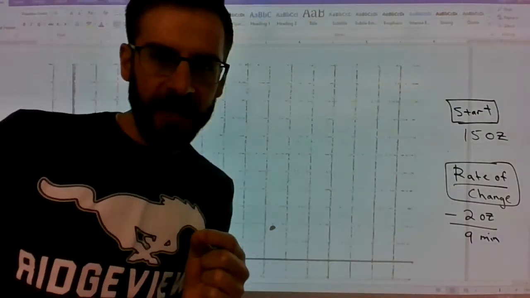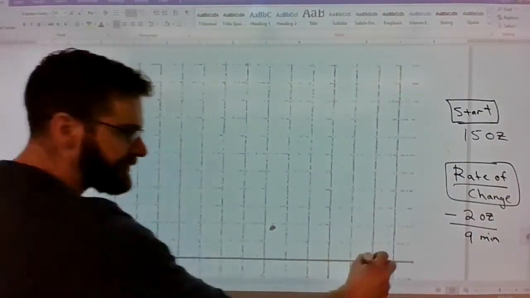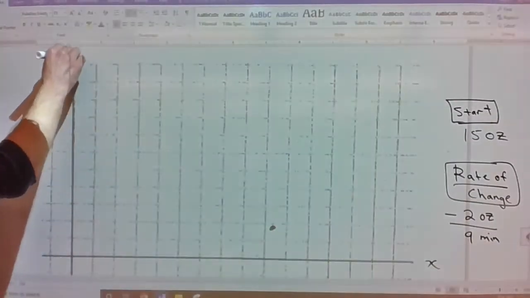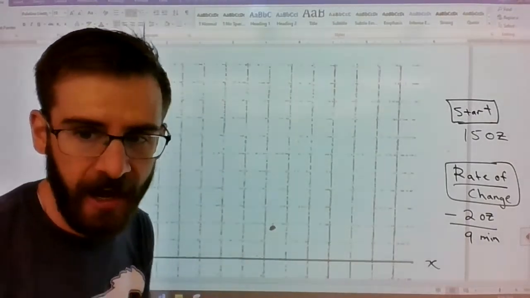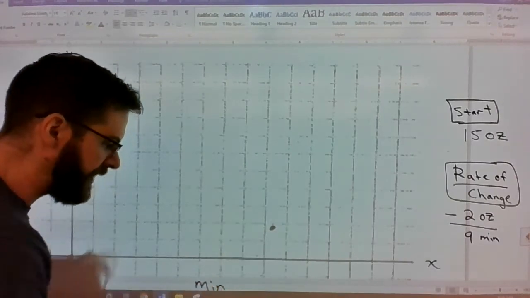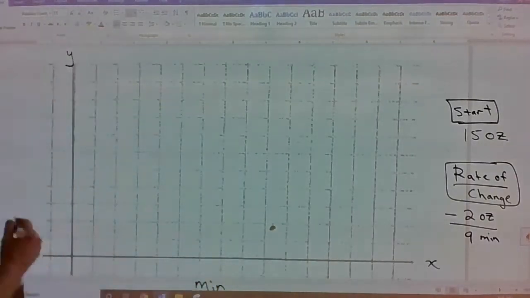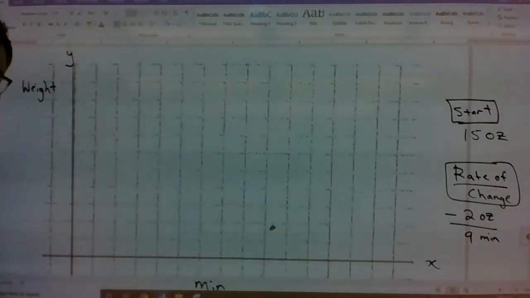So we kind of have a limited space here. I purposefully gave you guys a limited space so you have to make some interesting decisions here. The x-axis, the y-axis. X-axis is always time if time's involved. So this would be the minutes that the burgers are cooking on the grill. This right here is going to be the weight of the burgers in ounces.